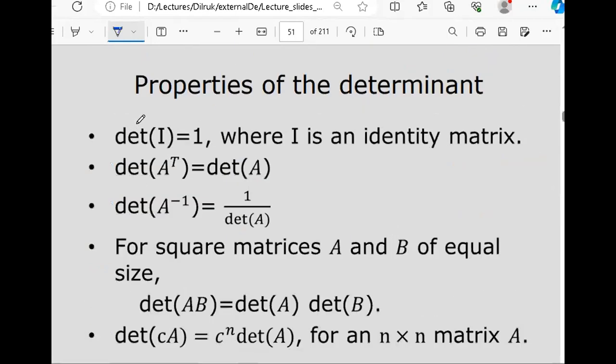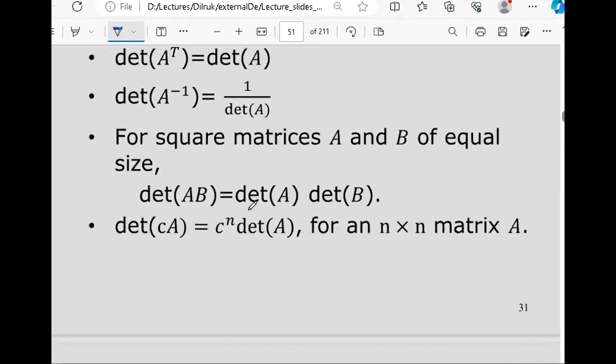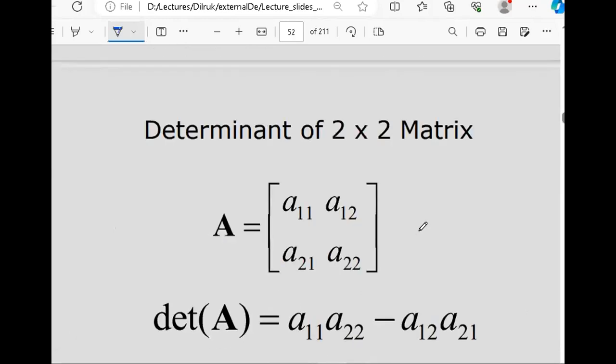The determinant of the identity matrix is 1, and the determinant of the transpose matrix is the same as the determinant of the matrix. And the determinant of a product of two matrices is the product of their determinants.